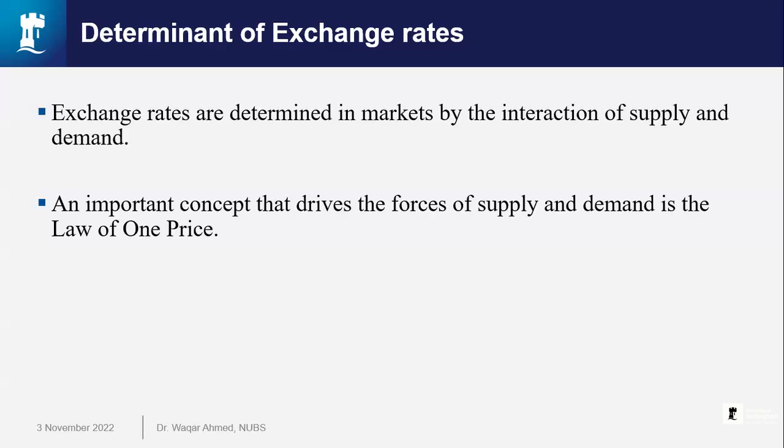Okay, so for example, an important concept that derives from the forces of supply and demand is what we call the law of one price. What is this law of one price? Anyone?